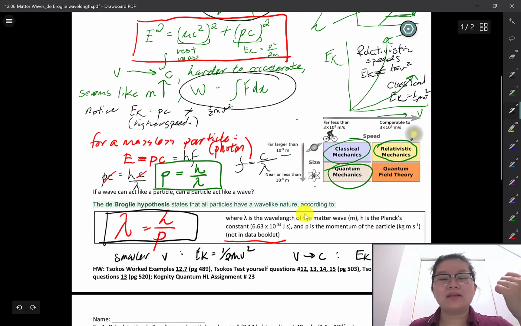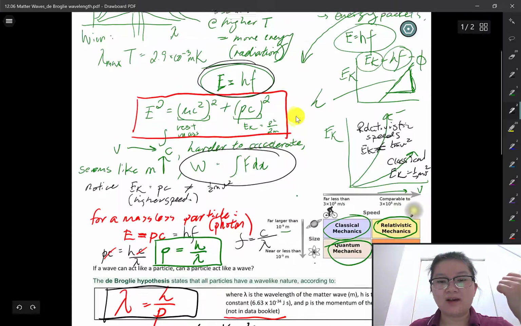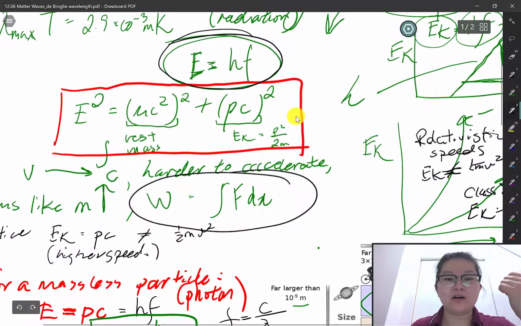The next thing you want to know is, based off of Einstein's work on special relativity and the Planck-Einstein relationship here, that the total energy of a particle uses this relationship, which depends on the rest mass, and it also depends on the momentum of this particle.